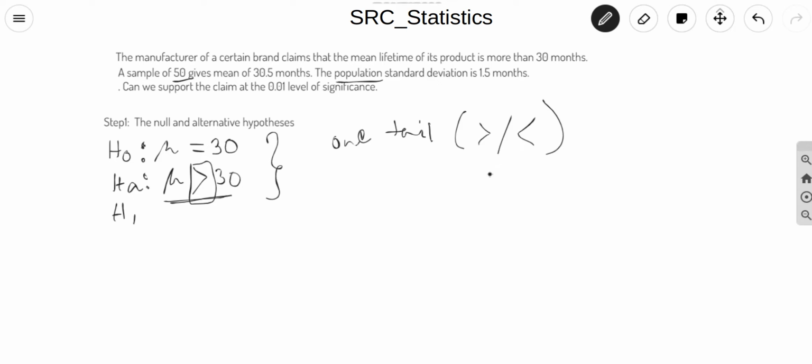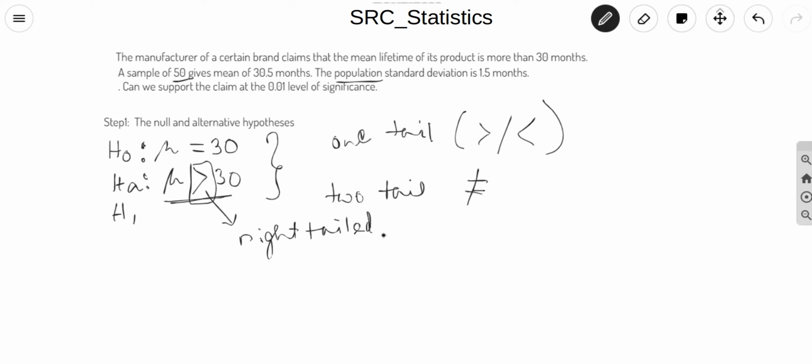So test will be one tailed. If the alternative hypothesis has not equal to sign, then this is called a two tail test. Okay, so we have one tail test, but which one tail? Since it is greater than sign, so this is a right tailed test.